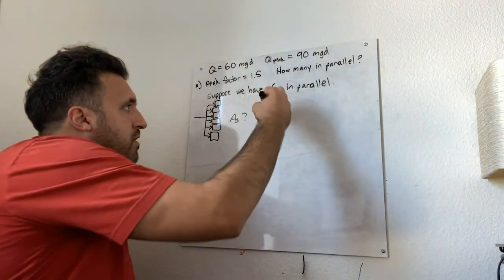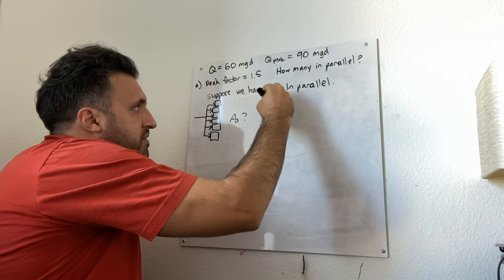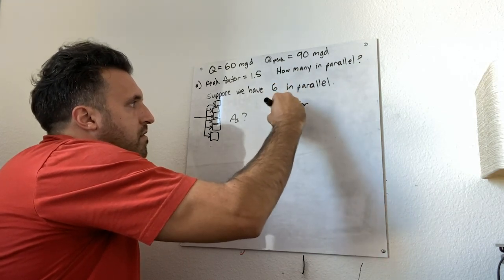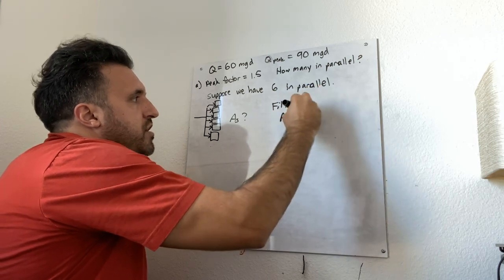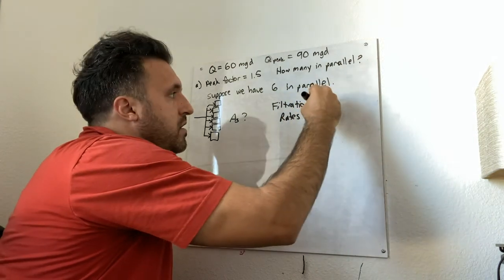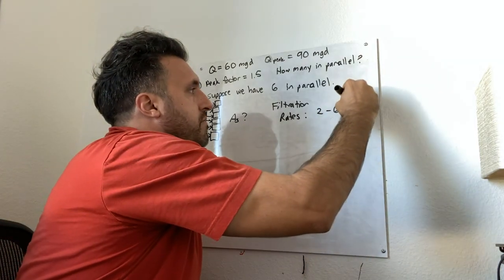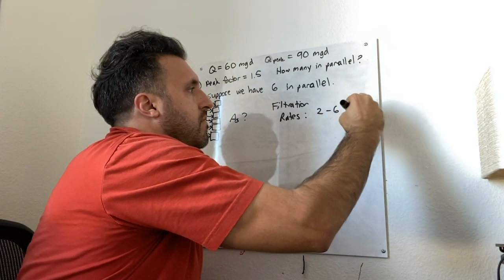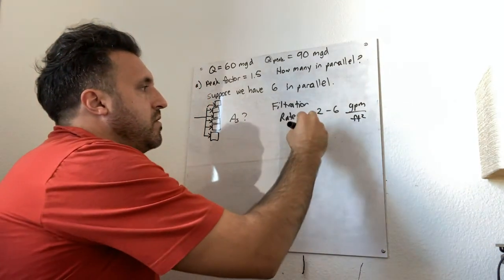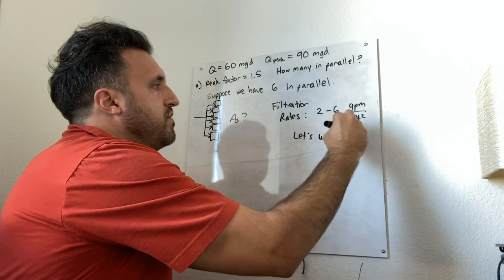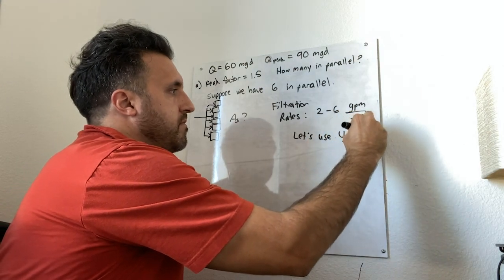Alright, so according to the design standards, filtration rates should be between 2 and 6 gallons per minute per square feet. So let's use 4 for the purpose of the design.